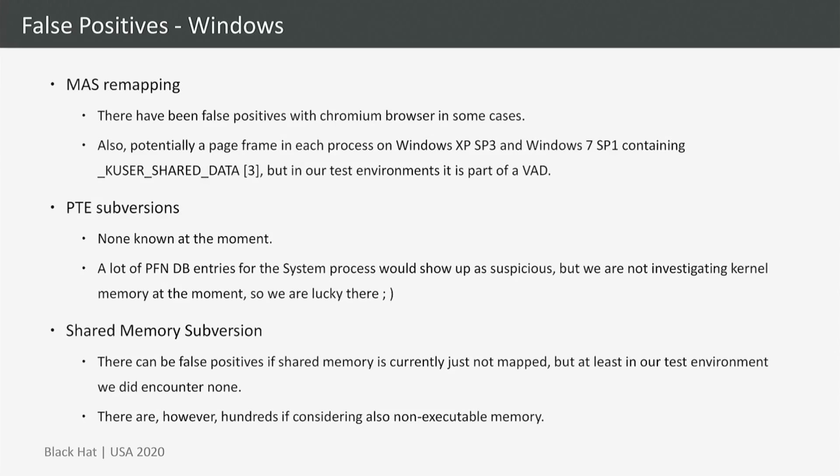At least we didn't find any in our test environments. And regarding shared memory subversion, there can be false positives, obviously, if the process has a shared memory handle but does not have this memory mapped into its address space. But in our test environment, we did not encounter any shared memory segment that is executable or not mapped at the moment.